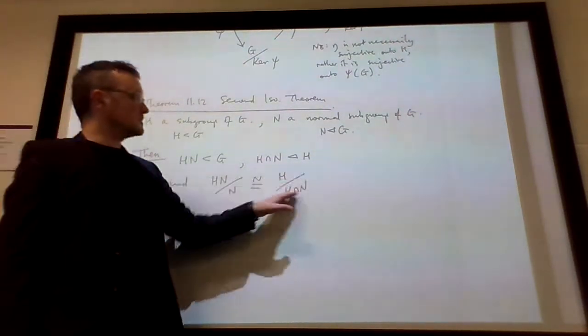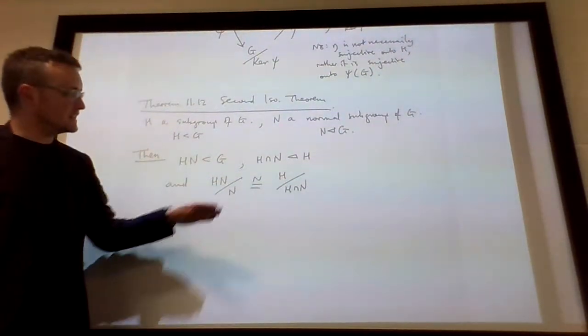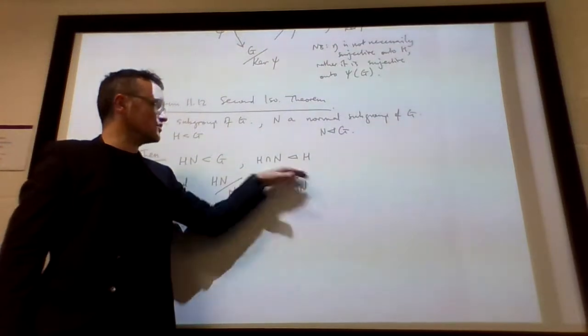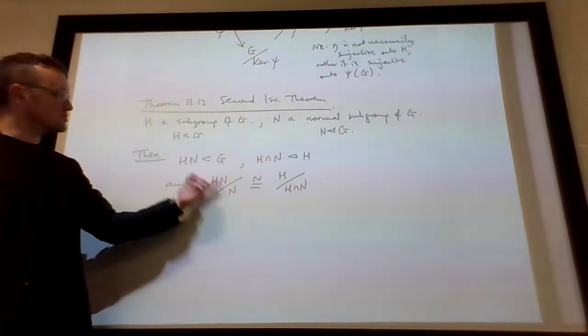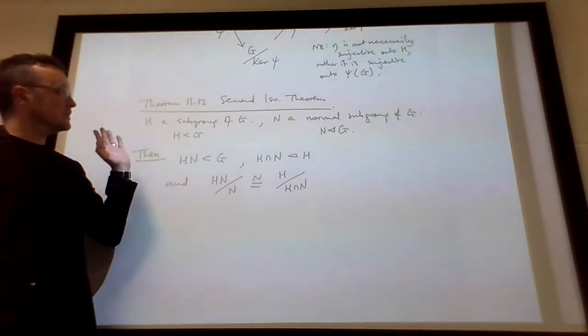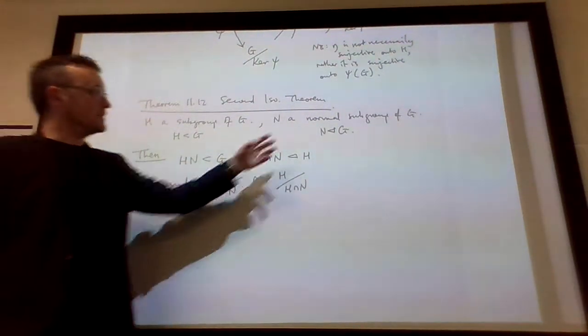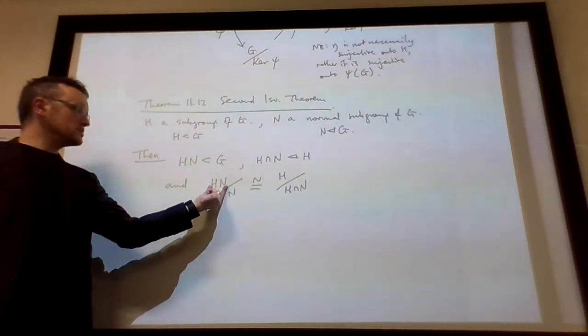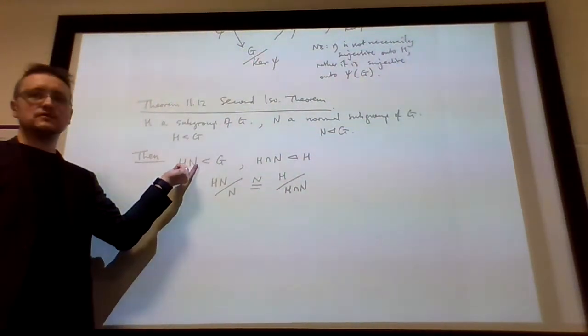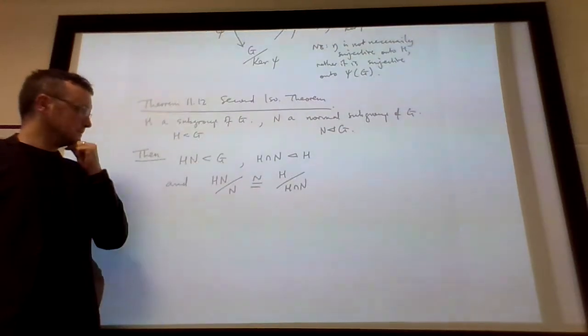But it's saying that the structure of this is going to be isomorphic to the structure of taking the whole of G, but you just have to take these elements from the product of the subsets, H times N.